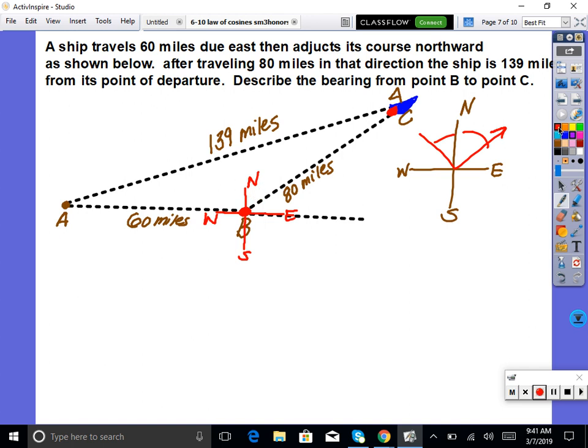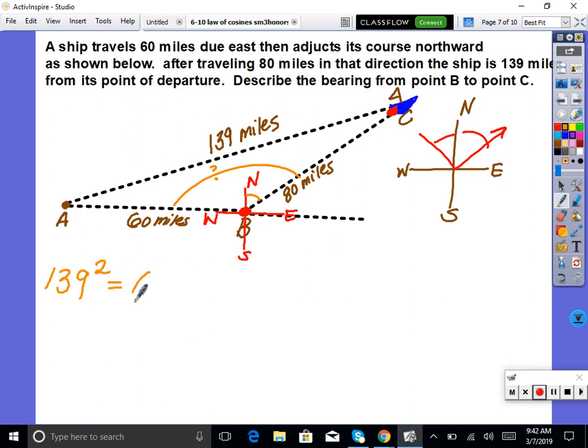That one, right? Right here, this little guy? Agreed? Because then you'd say north this many degrees east. All right, well, we can't find just that angle right now, but could we find this angle? Yeah, we have a big triangle that's not right, but we have 3 sides, don't we? So let's find this angle right here.